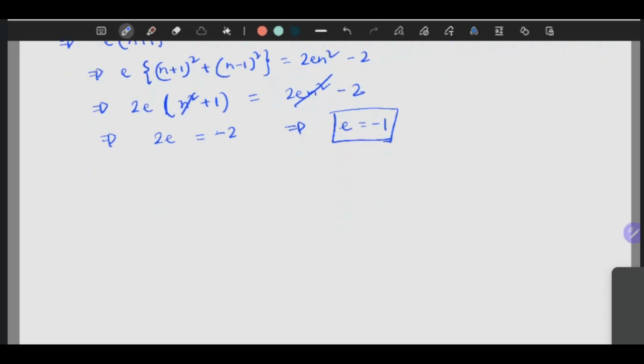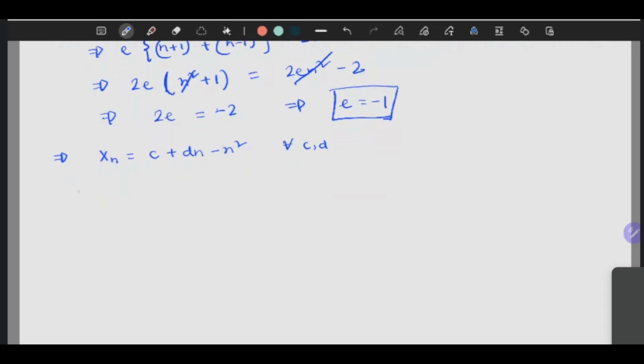So now we can write the solution as xn is equal to c plus dn minus n squared. So it's a particular solution for all values of c and d. Okay, so let's say for simplicity c is equal to d is equal to 0, then we get a particular solution xn is equal to minus n squared.